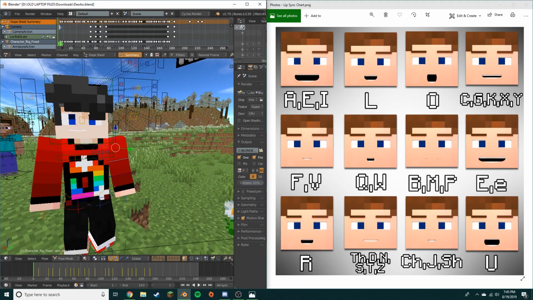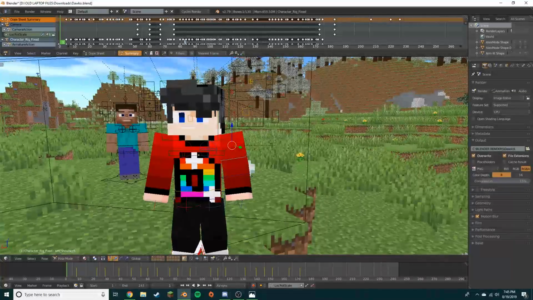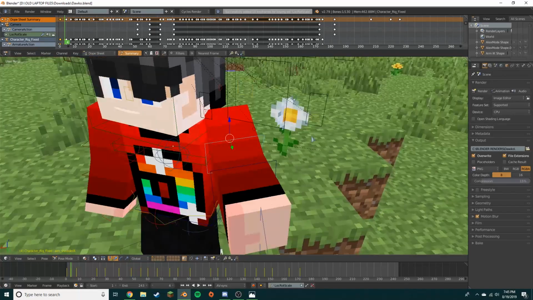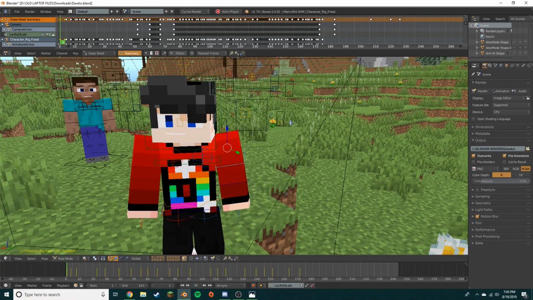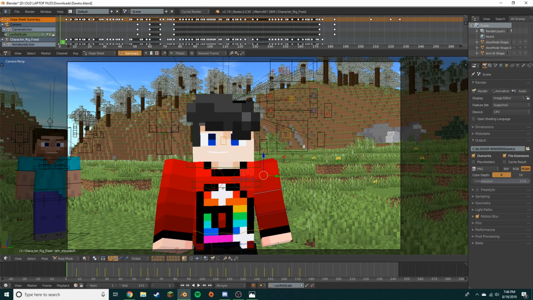So all of these dots right here are keyframes, and basically what you do is you press I, then go to a different point and press I again. I have this shoulder bone selected, and it moves from there to there in that time period. So that's basically what keyframing is.